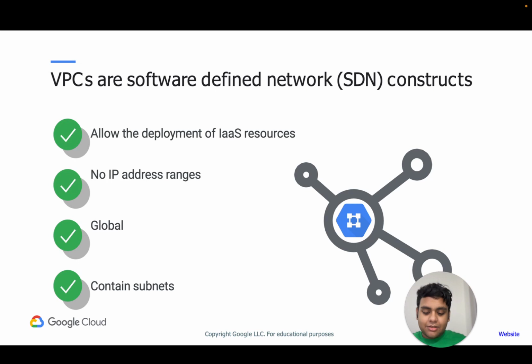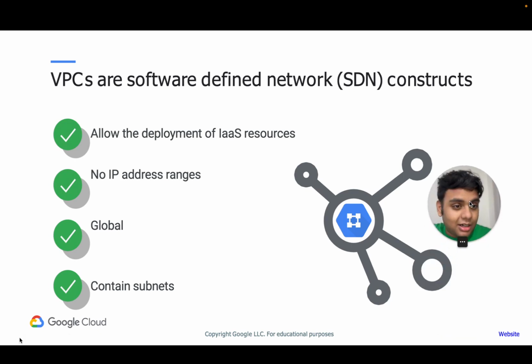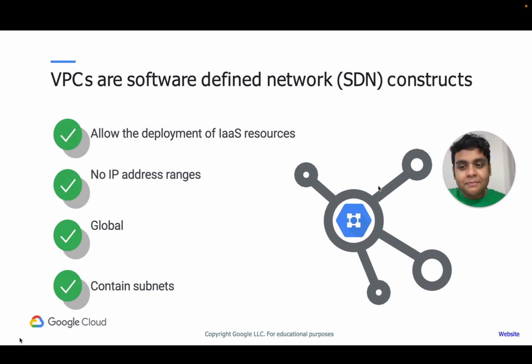Think about it like there is a physical data center, and we give it some space of that data center and make it a virtual private cloud. So a whole network, a whole server, is now configured into a virtual private cloud, which is a small part of a big network.